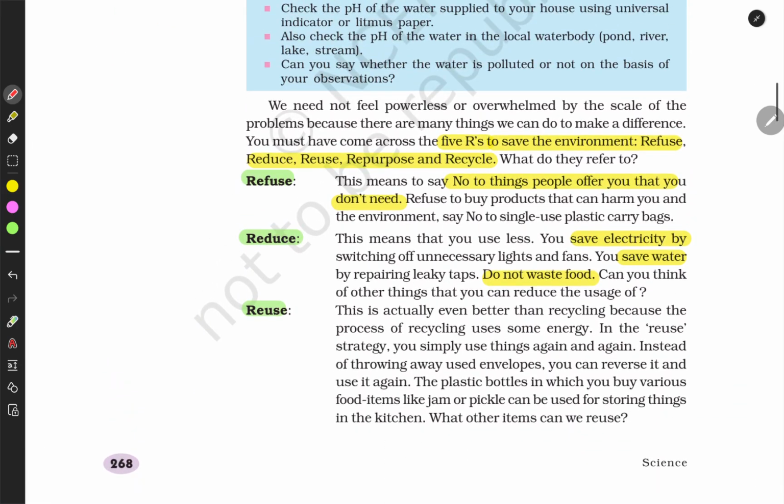We can do sustainable management with the principle of 5R. If we want sustainable management of our natural resources, which are very limited, because once they end, everything will be gone.